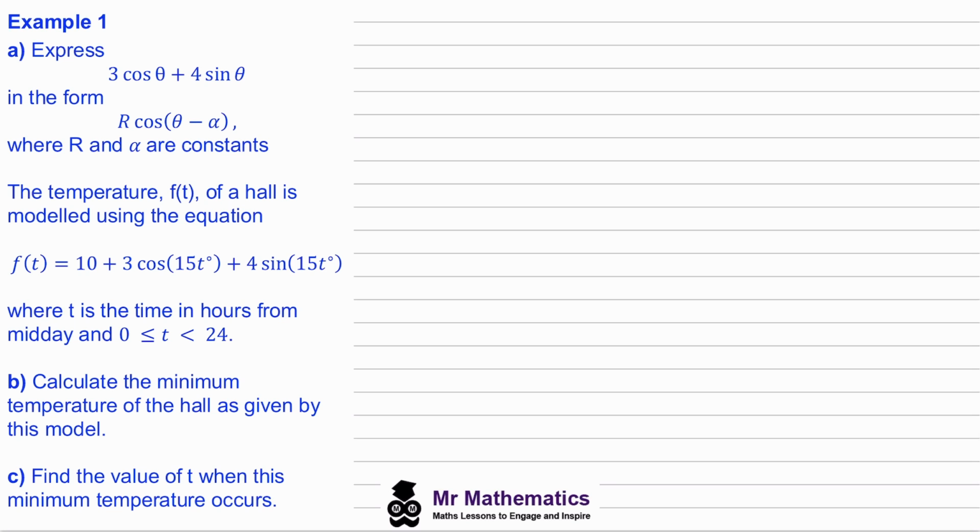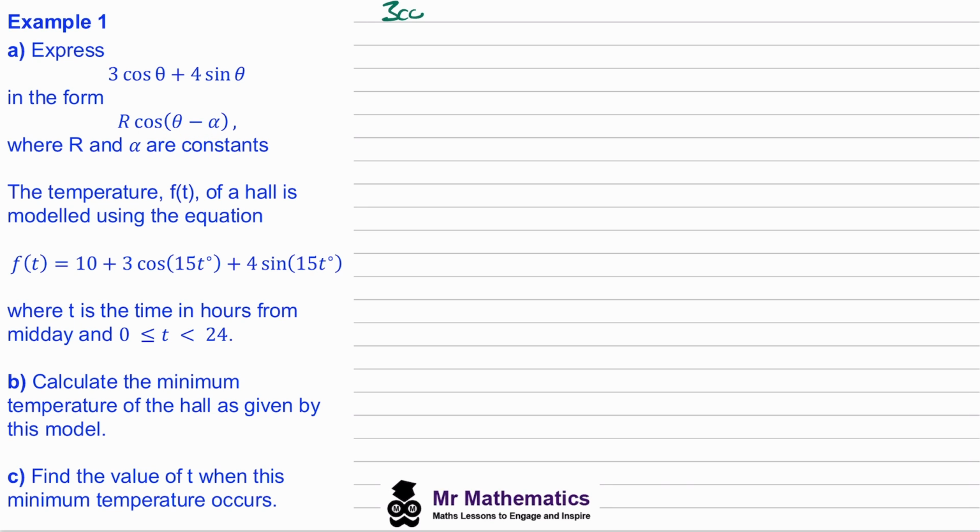If we begin with example 1, we need to express 3 cos theta plus 4 sine theta in this form, where r and alpha are constants. To expand this out, we need to use the compound angle formulae.